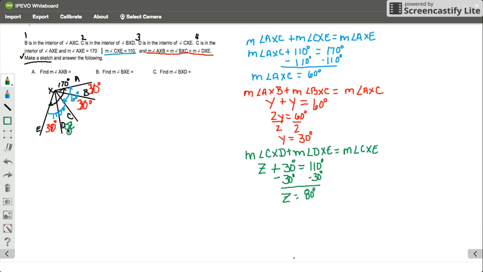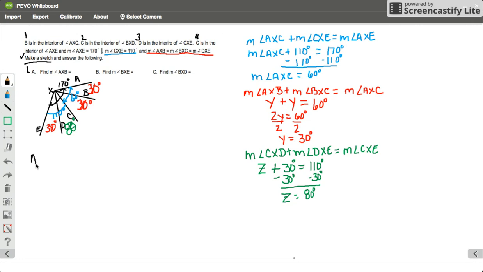So this is 80 degrees. We now have the measure of each piece within our picture. So now we can go in and we can answer the questions.